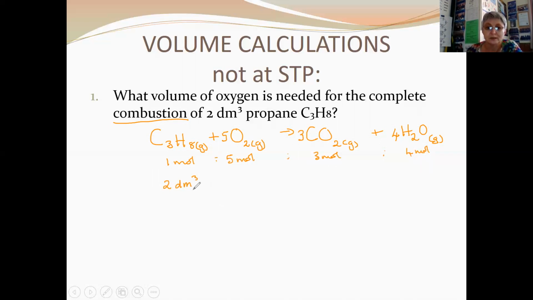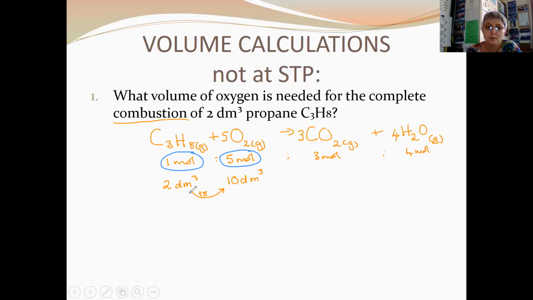So 2 cubic decimeters of propane will require 5 times that amount of oxygen because the ratio between the propane and the oxygen is 1:5. I'm using that ratio to determine the volume. So it's 2 times 5. This reaction will require 10 cubic decimeters of oxygen.